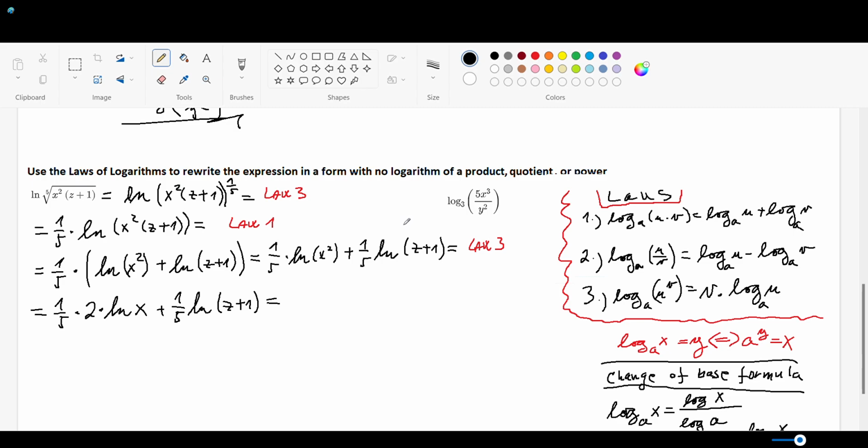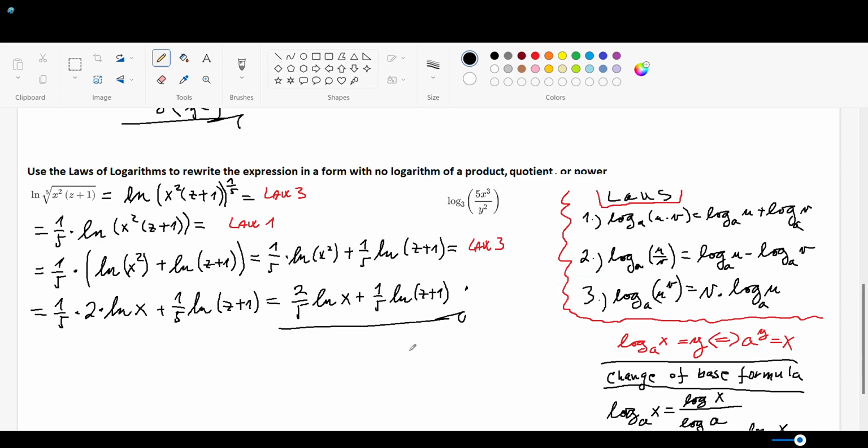I think that's all, because we have no multiplication, no division, and no power here. So our result would be 2 over 5 times the natural logarithm of x, let me just write it without the multiplication sign, plus 1 over 5 times the natural logarithm of the expression z plus 1. And we are done here.